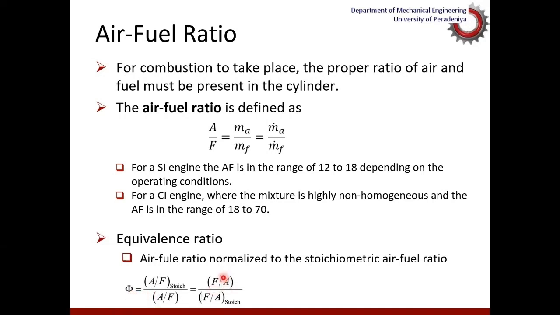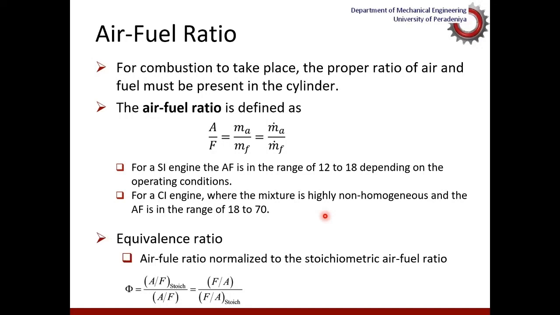So as you can see here, if a mixture is rich in fuel, so more fuel than the stoichiometric ratio, then it is a rich mixture, and that means equivalence ratio is greater than 1. But if you have less fuel than the stoichiometric, this quantity is larger than this quantity, therefore phi will be less than 1, so that is a lean mixture.